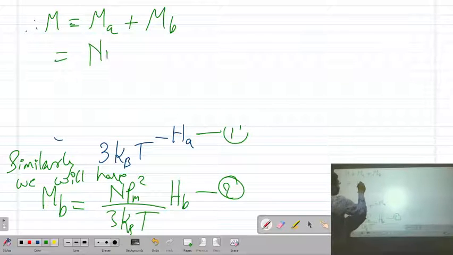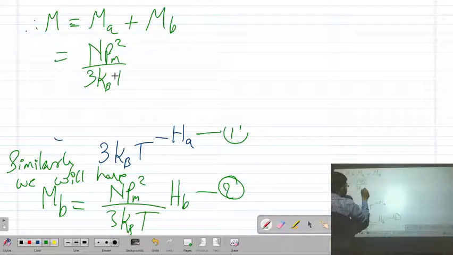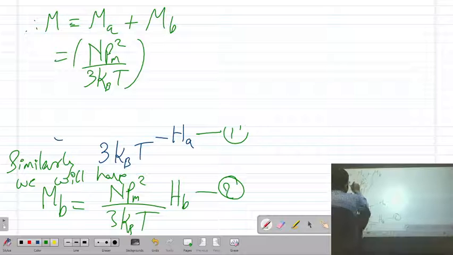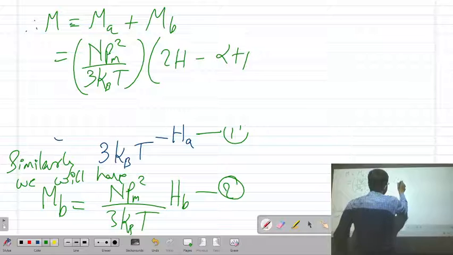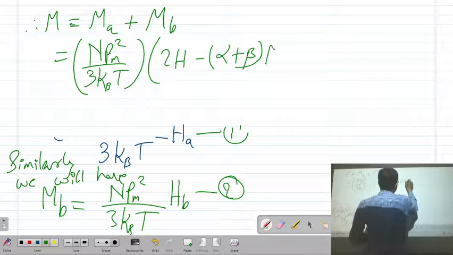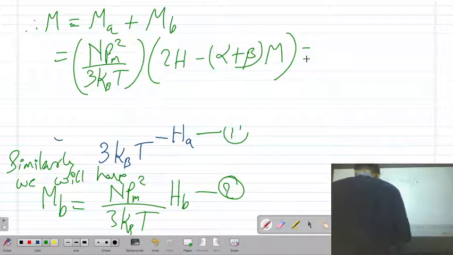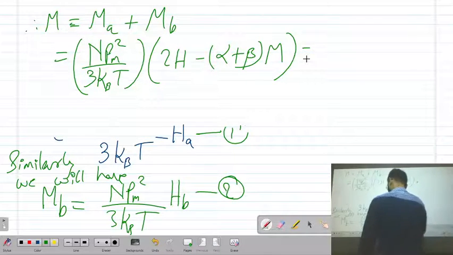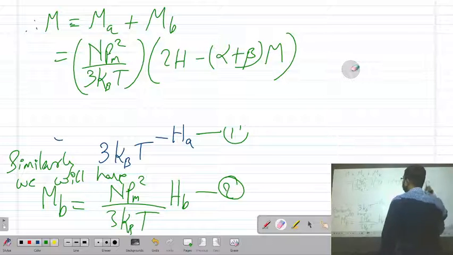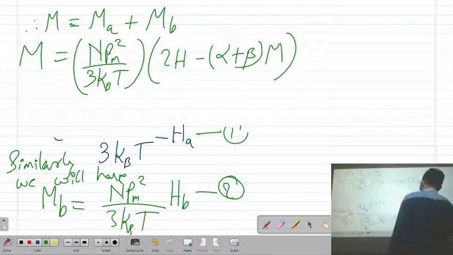N p_m squared by 3 k_B T times (2H minus (alpha plus beta) times capital M) equals M. Where do these terms come from?